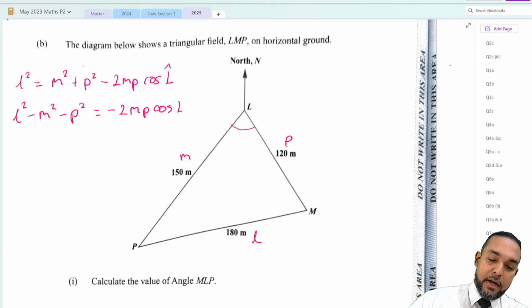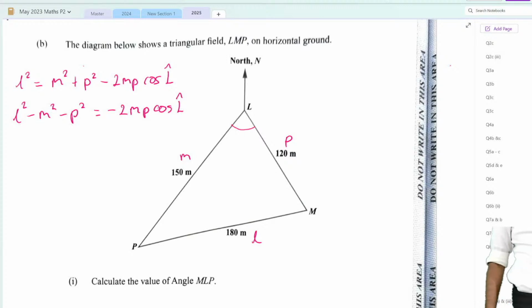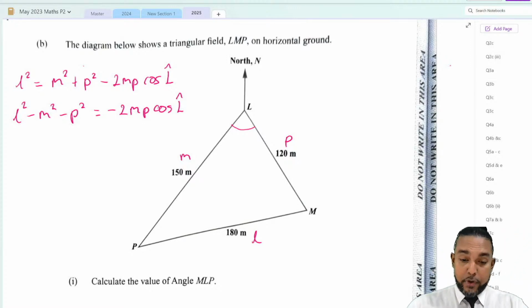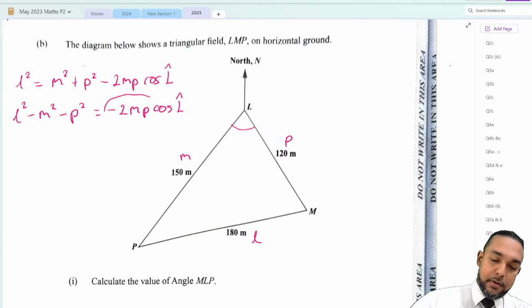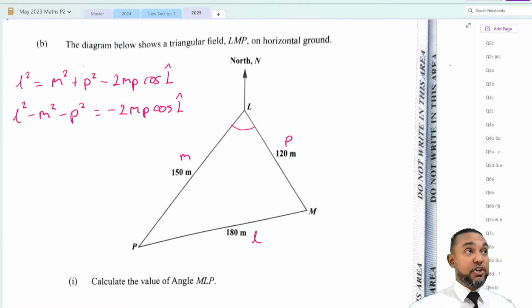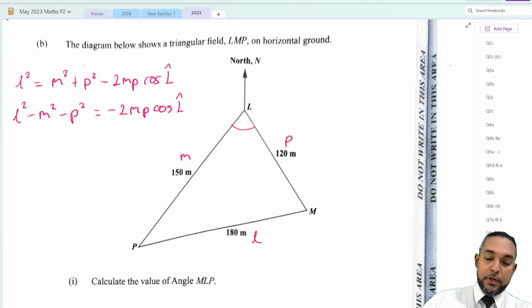And that's why cosine L. So now the understood operation between the minus 2mp and the cosine L is multiplication. And to remove something attached by multiplication, we need the opposite operation, which is division. So we'll divide on both sides of the equation.